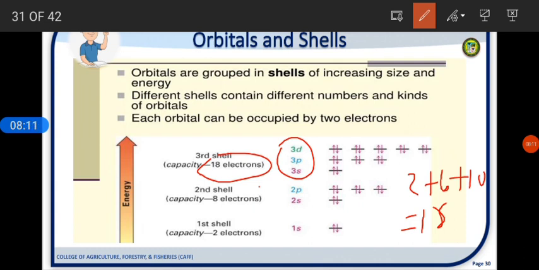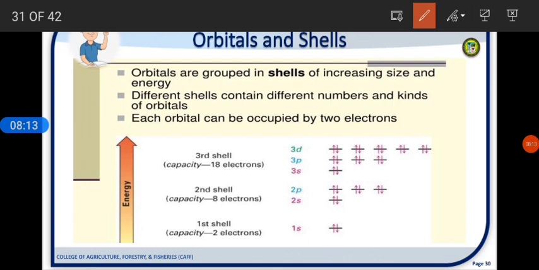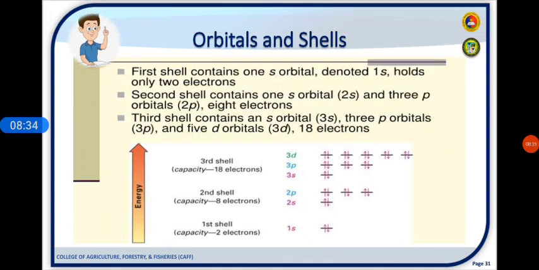So just remember that one. The maximum capacity of the first shell is only 2 electrons, the maximum capacity of the second shell is only 8 electrons, and the maximum capacity of the third shell is only 18 electrons, and so on and so forth. The first shell contains one s orbital. As I mentioned earlier, the first shell contains only one s orbital, denoted by 1s, and it can hold up to 2 electrons.